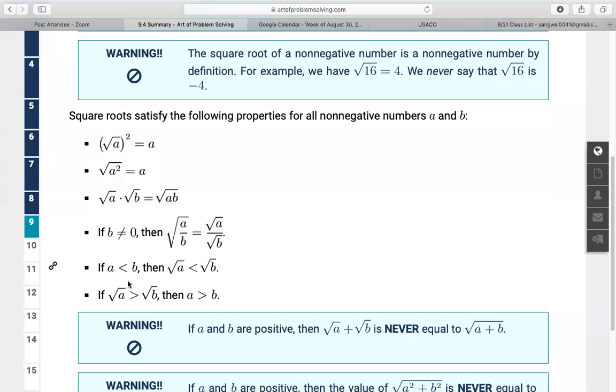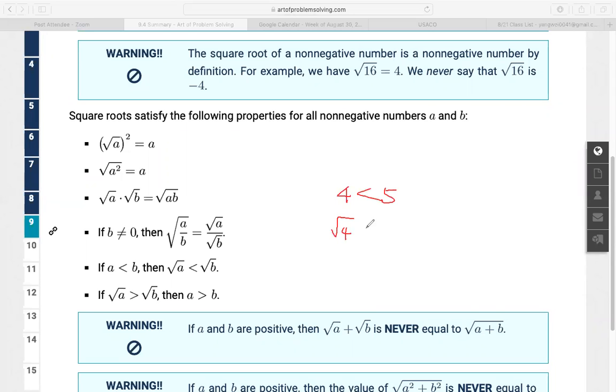Then if a is less than b, then the square root of a is less than the square root of b. Suppose 4 is less than 5. That means the square root of 4 is less than the square root of 5. By this way, you know 2 is less than root 5, that means root 5 is greater than 2.